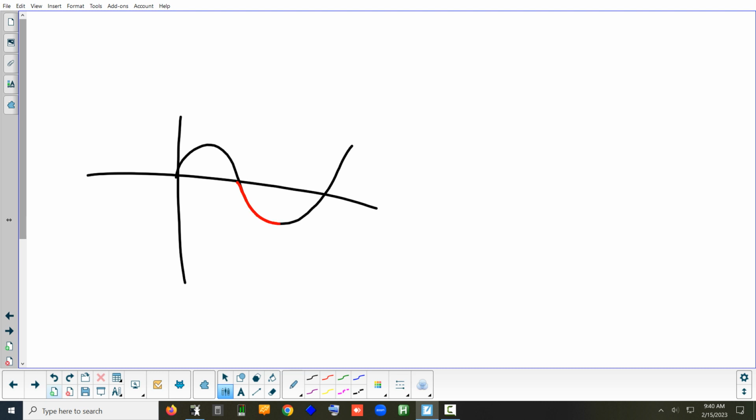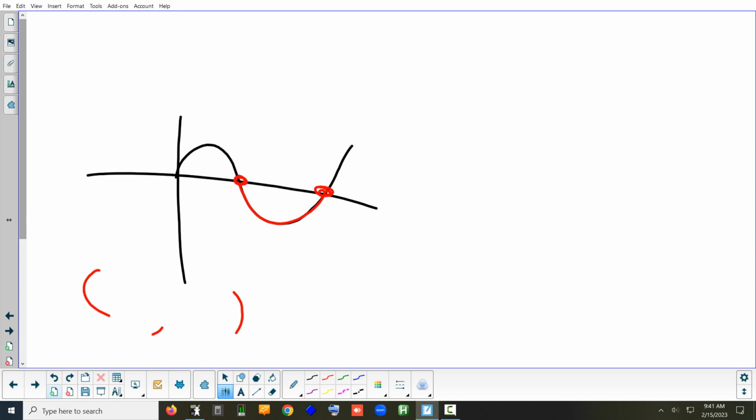That means I'm looking for all of this. That red section is where my trig function is below 0. So you'd still have to find this intersect, and this intersect, but then your answer would be an interval between this number and that number. It's below 0, and that interval would repeat every cycle.